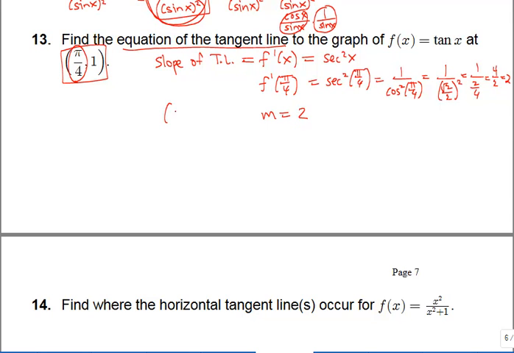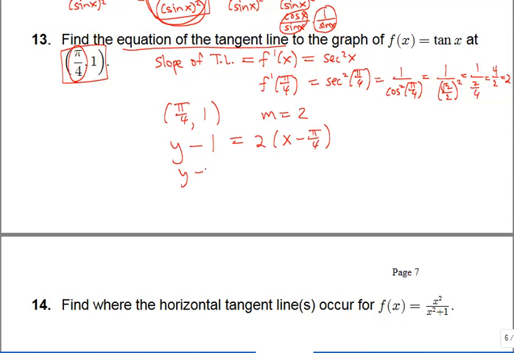And I know my point, I know the x was pi over 4, and they also told me the y was 1. So I know a point, and I know a slope, so I can use point slope form. So that's going to be y minus the y coordinate 1 equals my slope m times x minus my x coordinate pi over 4.